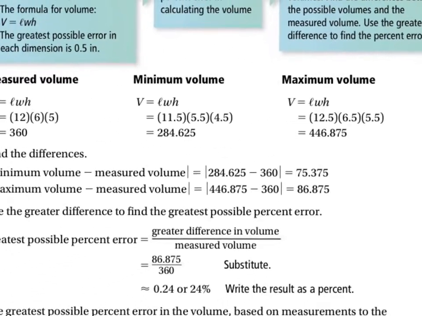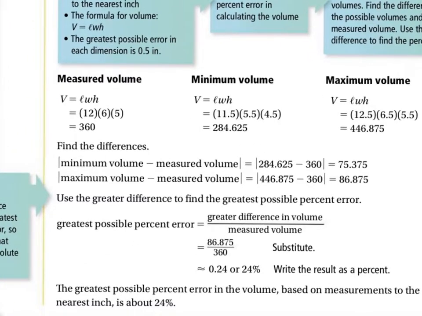So once we know those, we can find what the differences are between the measured volume and each of those. I would normally just do the biggest minus the smallest, or you can do what the book's doing, which is subtract and then take the absolute value. The difference between the measured volume and the minimum is 75.375.